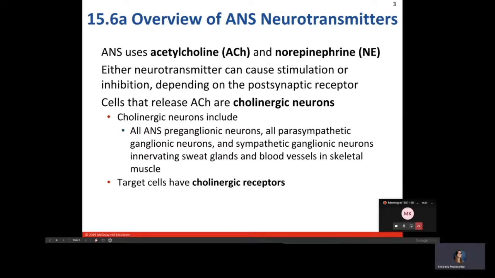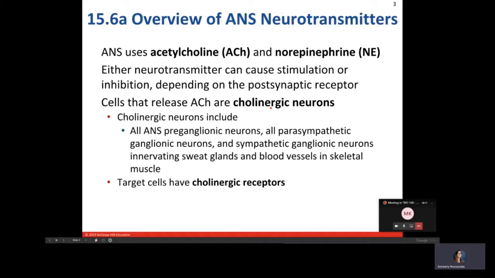Our autonomic nervous system, as I said, is going to be a little bit more complicated than the somatic nervous system. In this case, it is going to use acetylcholine, and some of these cells that use acetylcholine are called cholinergic. Any neuron that releases acetylcholine is called a cholinergic neuron.